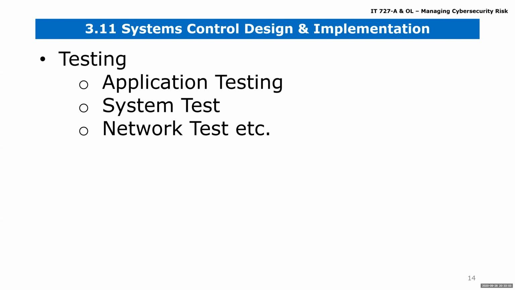Then you start looking at the system tests. Penetration testing is also applicable across the application, system, as well as the network, right? But as the name implies, it's just doing various tests at the different stages to ensure that your control design is effective and you have implemented it the right way, right?